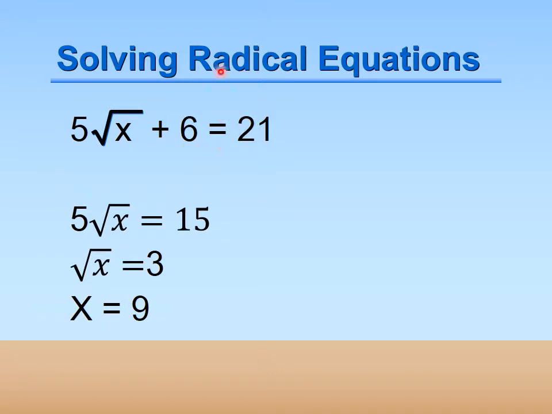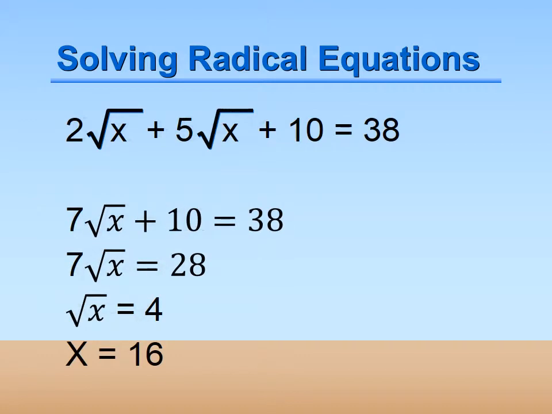So we want to get rid of this plus 6 first. So we're going to subtract 6 from both sides. So now we've got 5 square root of x equals 15, because 21 minus 6 is 15. Then we'll divide both sides by 5, leaving us the square root of x equals 3. Now the very last step is to square both sides, and we get x equals 9.